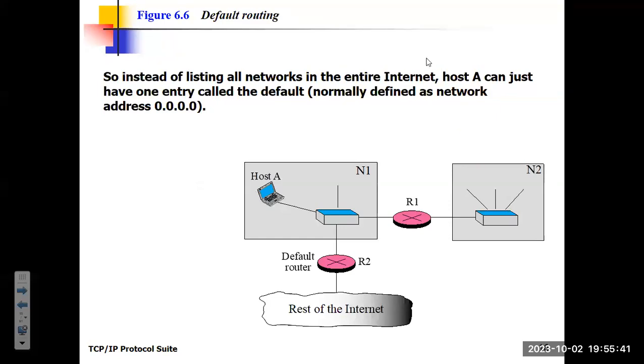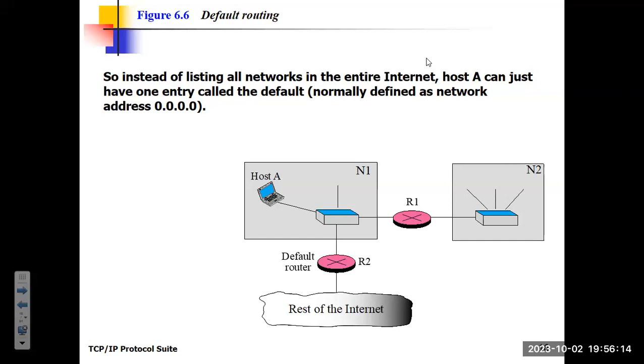Okay. Now, we have something called a default route. Let's say you don't have a network for the rest of the internet. I'm connected to network 1, 2, 3, 4. But you cannot list every single router in the world, right? I'm connected directly to routers 1, 2, 3.